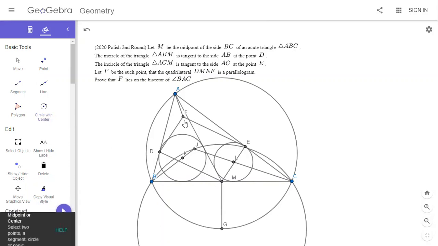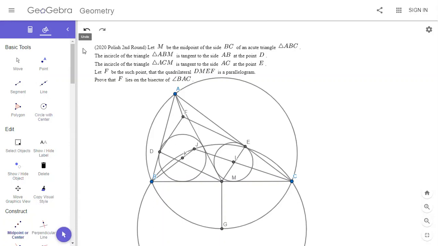So what's the midpoint of FM? I'll try this.